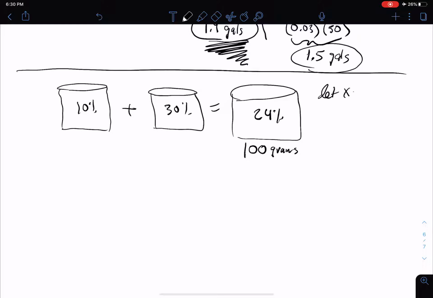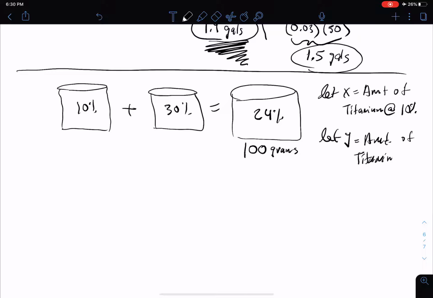Let x equal the amount of titanium at 10%, and let y equal the amount of titanium at 30%.